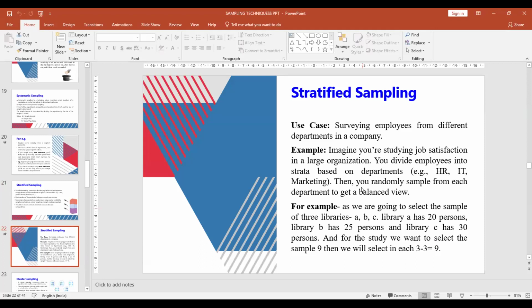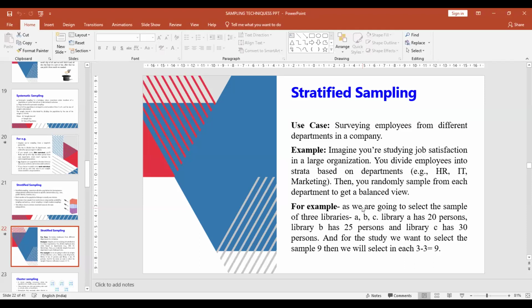We are going to select a sample from three libraries, library A, B, C. Library A has 25% and library C has 100%. For the study, we want to select only a sample of 9. Then we will select 3 from each, equal to 9.